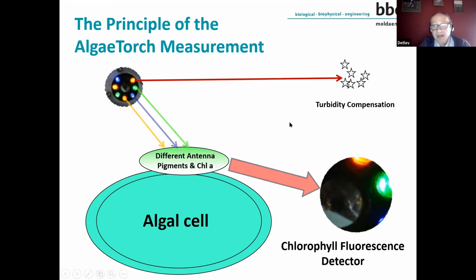And for any turbid particles, we also measure the turbidity, because turbidity can also swallow light, which is then no longer available for the excitation of the algae pigments. So therefore, it is important to have such a compensation integrated.